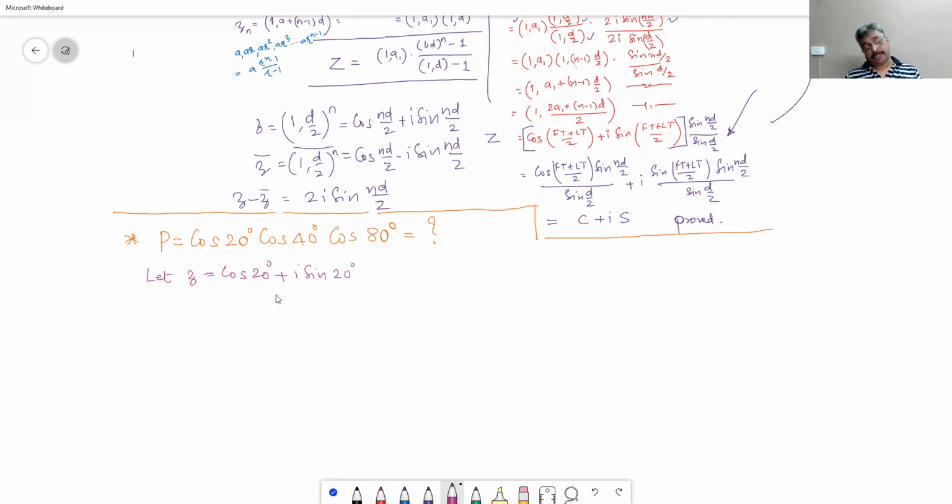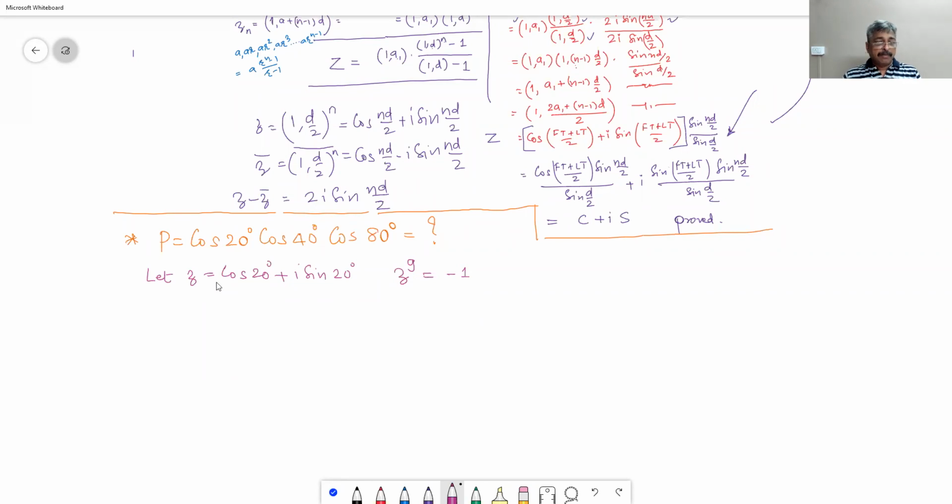Suppose we consider Z like this, then can you tell me what is Z raised to 9? Z raised to 9 is cos 180 plus I sin 180, which is -1.